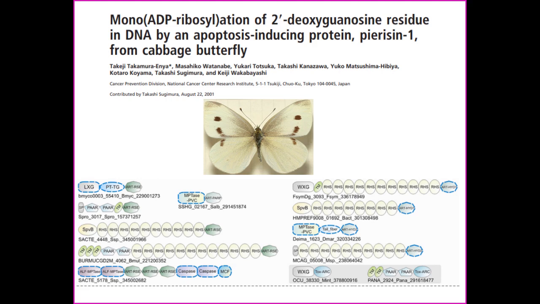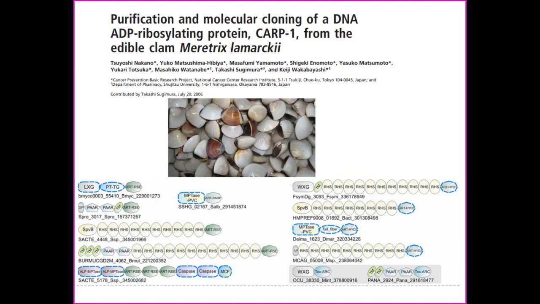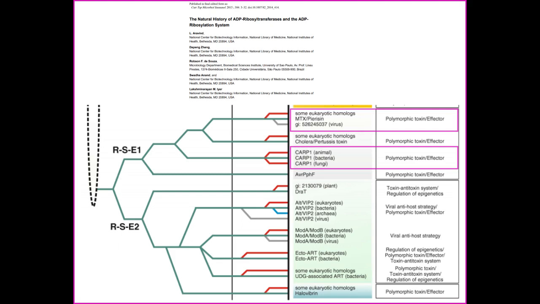You have this ART as the enzyme which works in apoptotic targeting of the nuclear DNA through ADP ribosylation. And likewise, in those molluscan systems, CARP plays a similar role in ADP ribosylating DNA. And what we showed was that there were two distinct origins for CARP and pierisin, these two ADP ribosyl transferases, from two distinct types of polymorphic toxin tips.